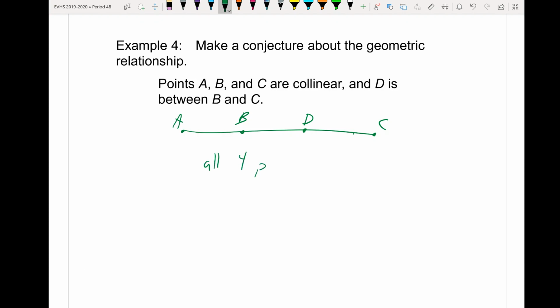All 4 points are collinear. There's my conjecture. Collinear is all points are on the same line.